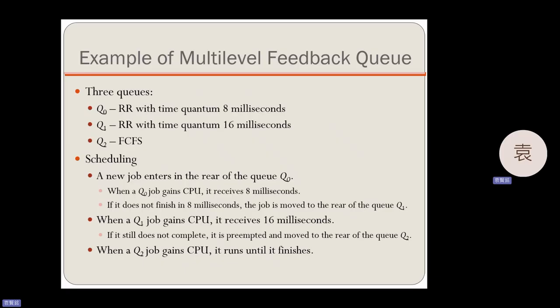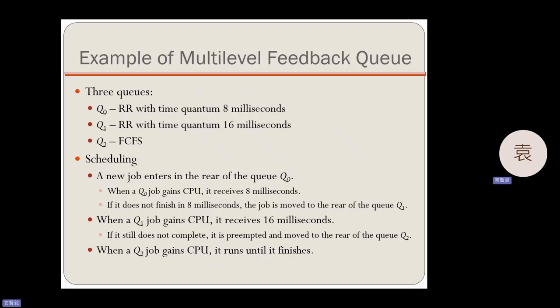When a job in Q0 gets CPU access, it receives 8 milliseconds as its time quantum. If it does not finish in 8 milliseconds, the job is moved to the rear of the queue. That means within 8 milliseconds, the particular process makes a system call, so it releases its CPU voluntarily.